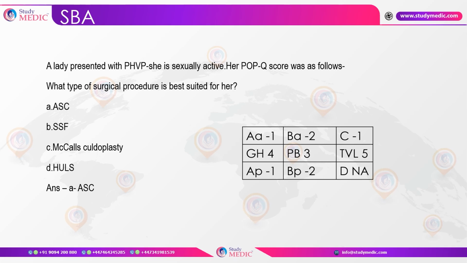Okay, so remember, women who are sexually active, who have a short vagina, always offer them abdominal sacrocolpopexy, either open or by laparoscopy. Whereas those women who are not sexually active, who have a normal vaginal length, you can offer them suspension of the vaginal vault to the sacrospinous ligament.